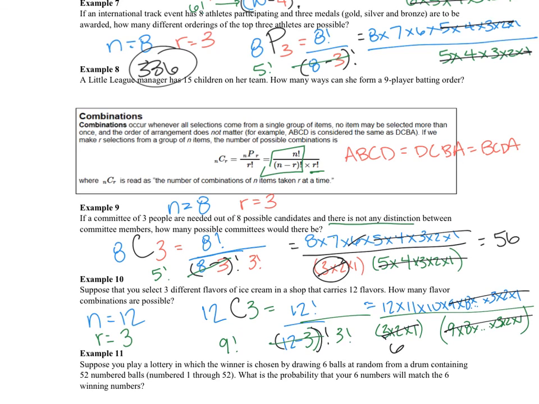Top is 12 times 11 times 10. So 12 times 11 times 10, that is 1320 divided by 6. There are 220 ways. This is equal to 220 ways to go ahead and pick your flavors.